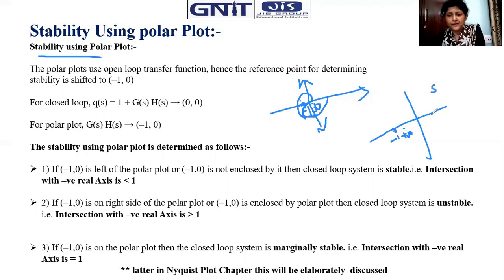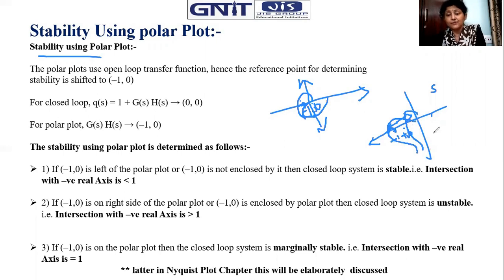Suppose our polar plot comes like this way, crossing the negative real axis at that point. If it includes the minus 1 point, if the vector length is greater than 1, then it will include minus 1, and it will be termed an unstable system. If it is just not including minus 1 j0, it will be termed a stable system.